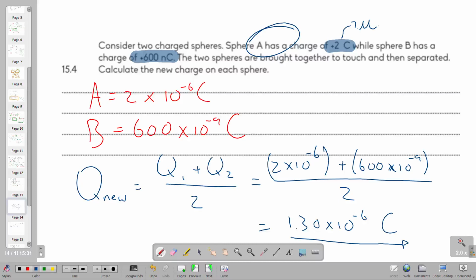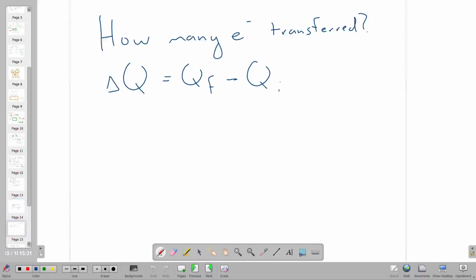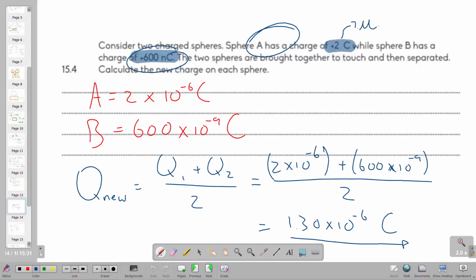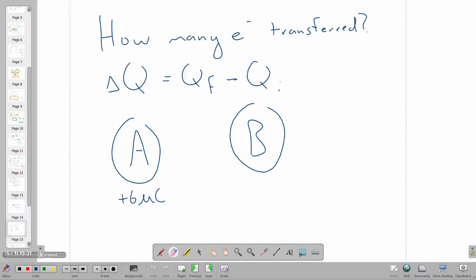Or is it the other way? Because when you have two positive objects, let me just draw here, object A and B. A is plus 2 microcoulomb, and this one is plus 600 nanocoulomb. A's charge is greater, but the electrons will flow from B to A since B is less positive.